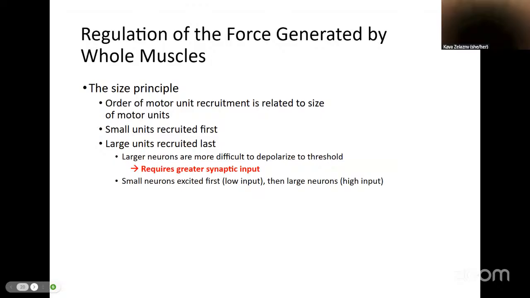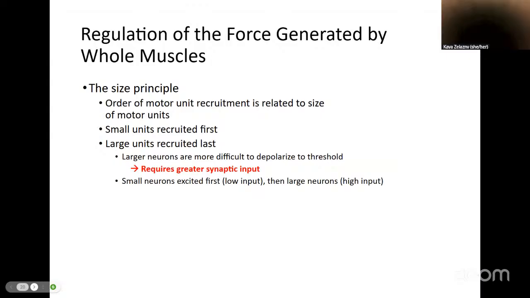Part of this is also a byproduct of how we create action potentials. Our large motor units, so lots of fibers that have big diameters, also kind of need larger neurons to go to them because we have to split it out a bunch at the end to more fibers. And when we have a larger neuron, it takes a little more time. It's a little more difficult to depolarize it to threshold, right?